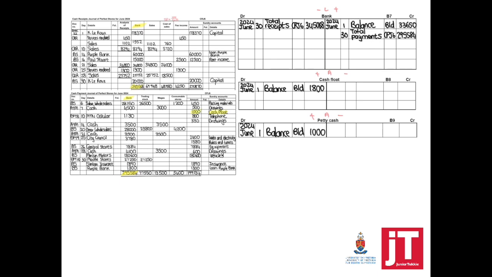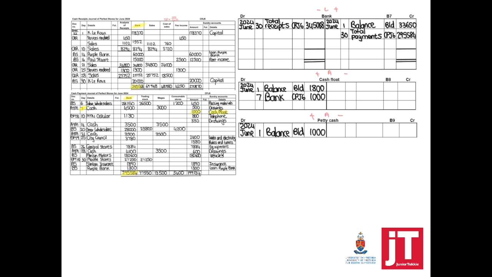Cash float, on the 7th, money was drawn, 1,000 to put into the cash float. Remember, posting from sundry accounts happens on the day of the transaction. There was no petty cash in either the cash receipts journal or the cash payment journal, so there's no change to the petty cash. We can now balance bank.